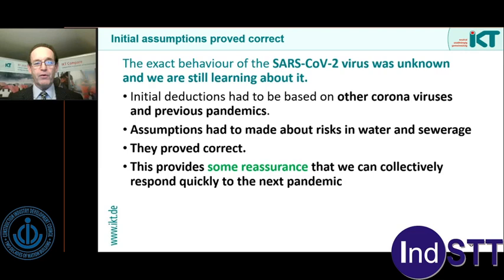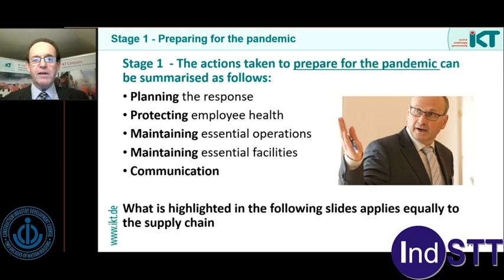How are the essential operations going to be identified and continue to operate? What were the key facilities that had to be maintained? And how was the communication to be conducted for all of this, bearing in mind that there were all these restrictions moving in? And what's covered in the next slides applies equally to the water companies as it does to the supply chain, including the trenchless technology providers.